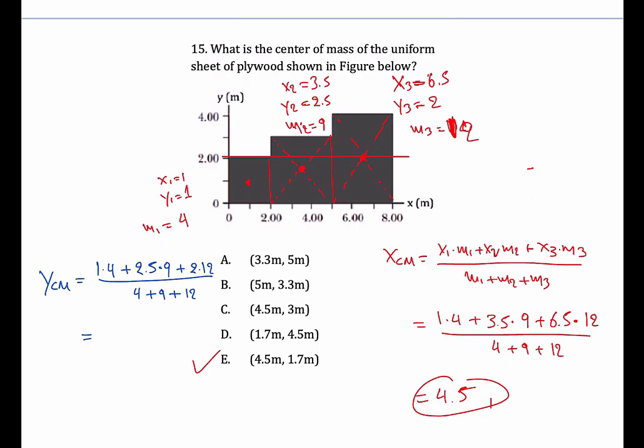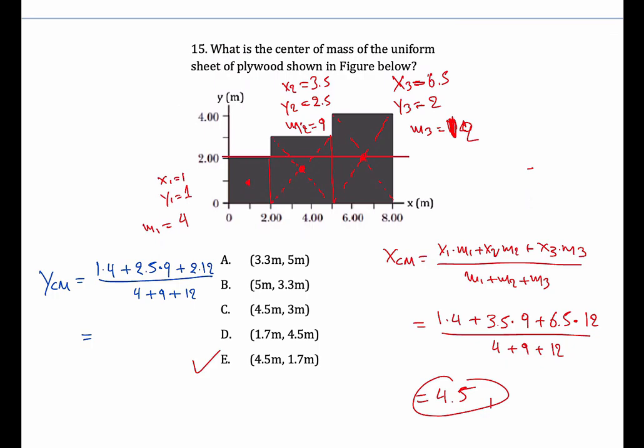So 4 plus 2.5 times 9 plus 2 times 12 divided by 4 plus 9 plus 12. The result is 2.02. Now either I made a mistake in my calculations, let me try again, or we have an issue at the givens.